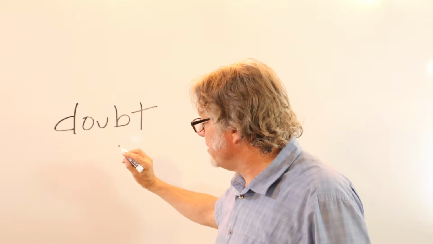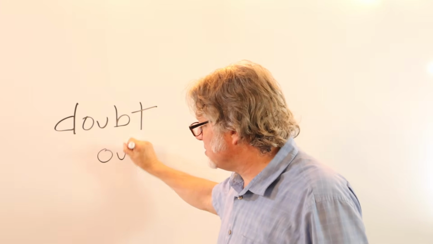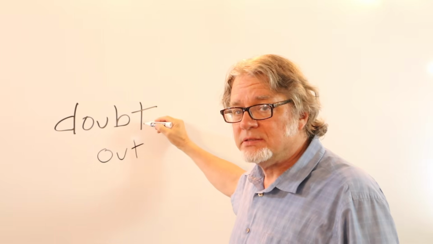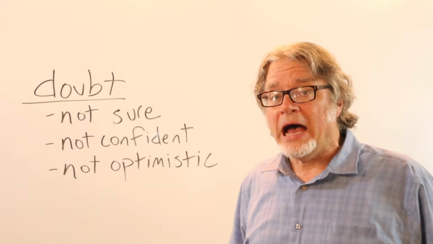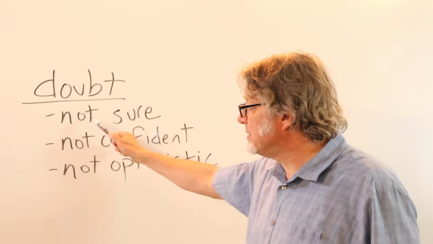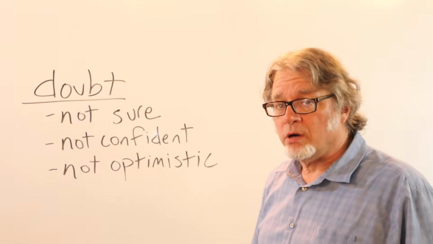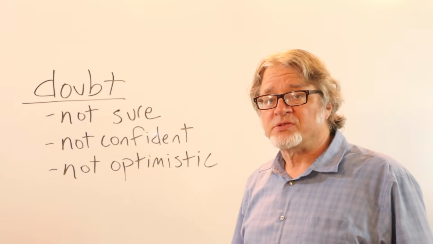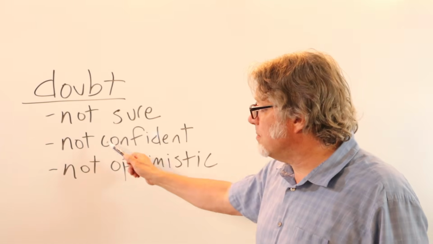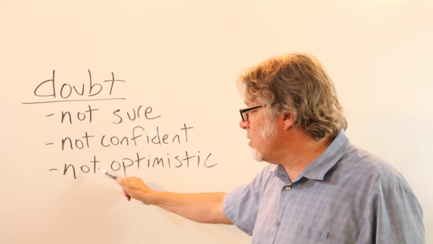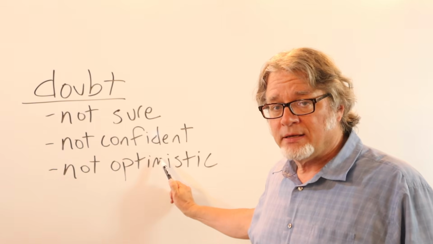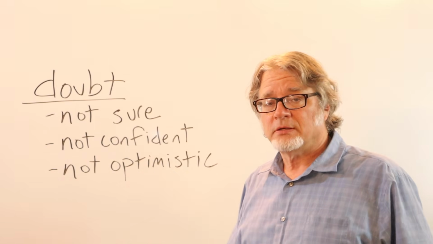This word rhymes with out. Doubt, out. Use doubt when you are not sure or not certain about something, when you aren't confident, or when you are not optimistic about a situation.